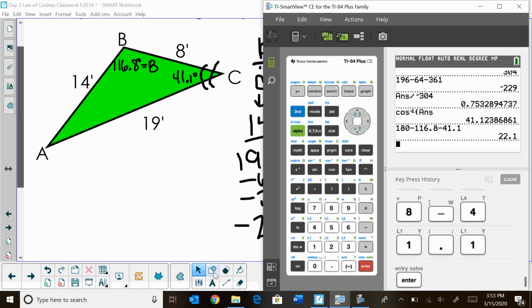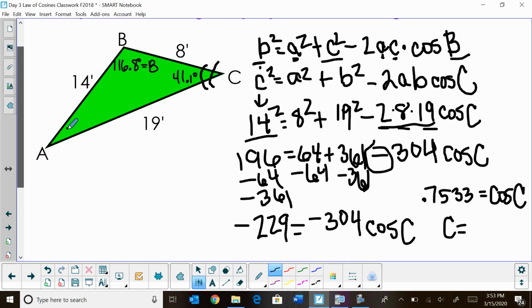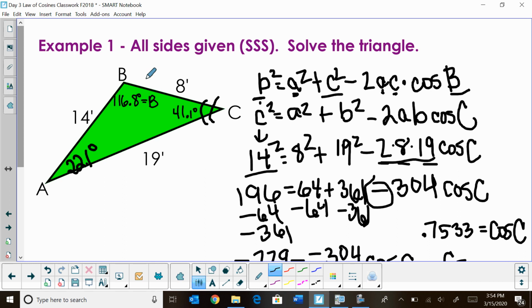That gives us 22.1, which is our final angle. So 22.1 degrees is angle A. And now we have the whole triangle solved. So that's how you handle side, side, side. It's a little bit of work because we're using the law of cosines, but we're having to work backwards to these angles. So it's a little bit tricky.